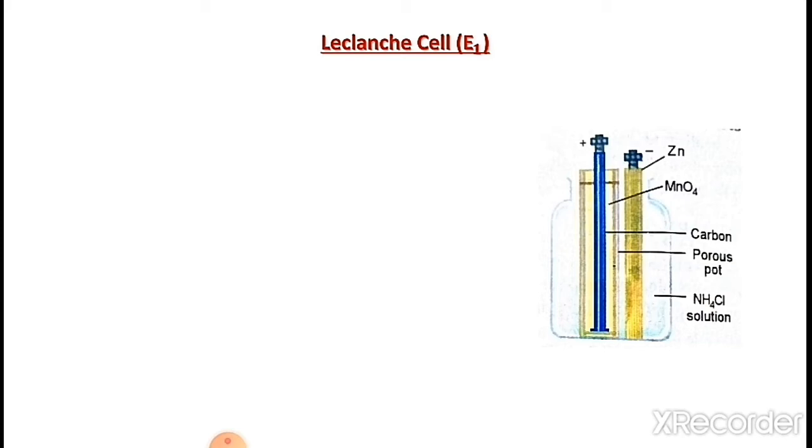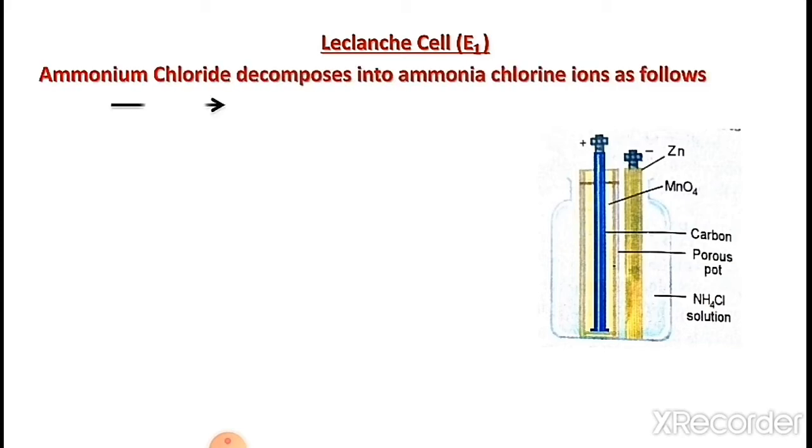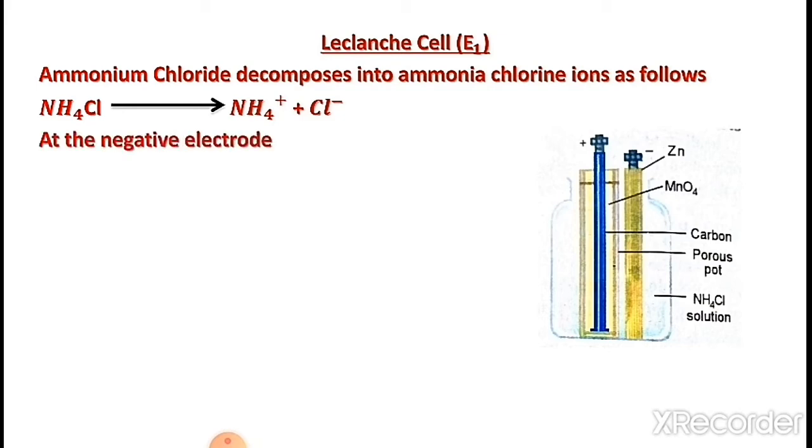The carbon rod acts as the positive electrode and the zinc rod as the negative electrode. The ammonium chloride decomposes into ammonia and chloride ions. Now these chloride ions will react with the zinc and form ZnCl2 and generate two electrons at the negative electrode.